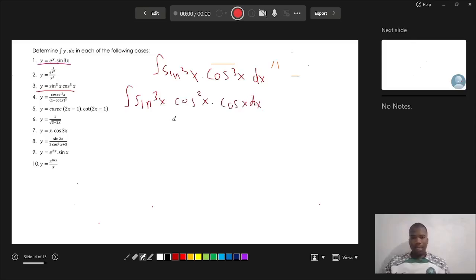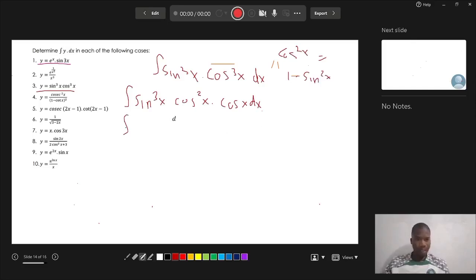So we know that cos squared x is equal to 1 minus sine squared x. That is what we know. So let us proceed in solving this.